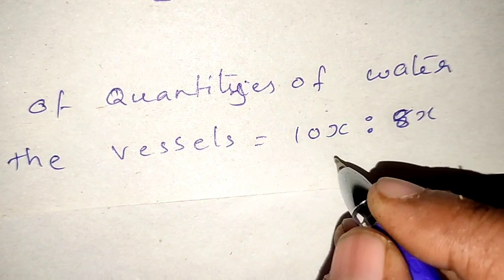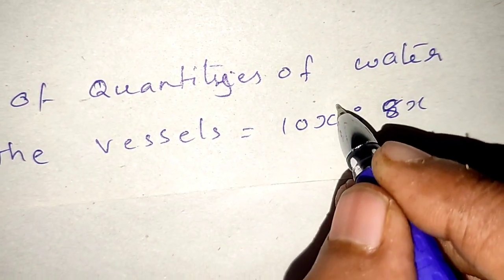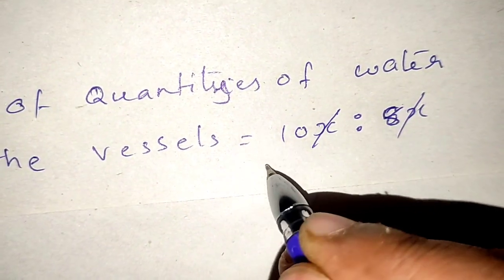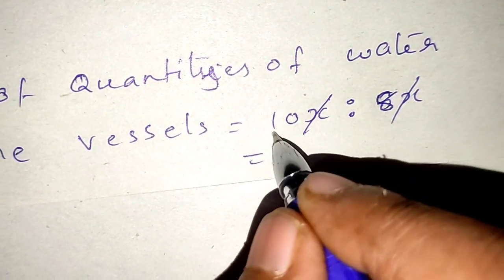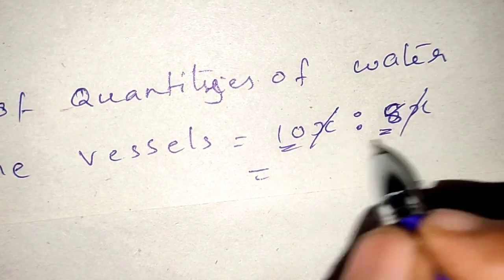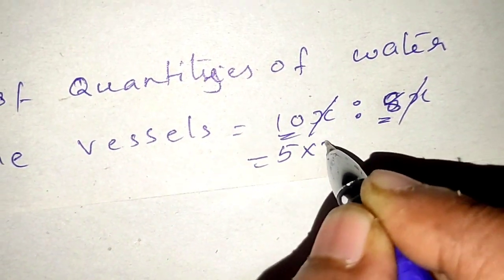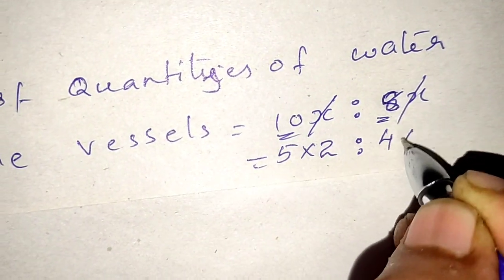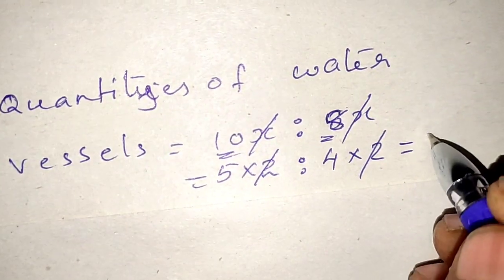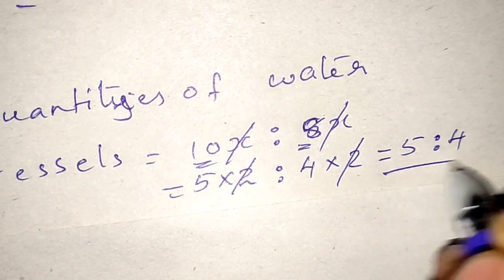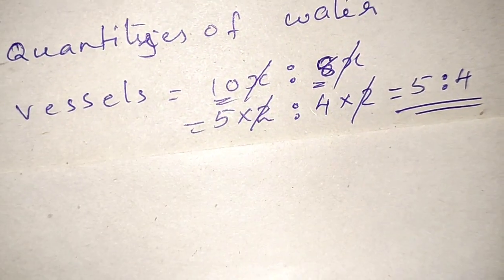The first common thing is x, so let us cancel that x. Then 10 is to 8, and we know that one more common factor is here. This is 5 into 2, and this one is 4 into 2. So let's cancel those 2s. Then we have the ratio 5 is to 4. So this is the answer.